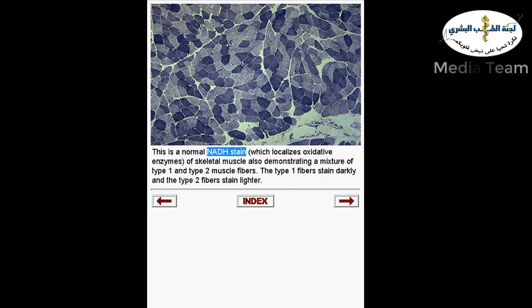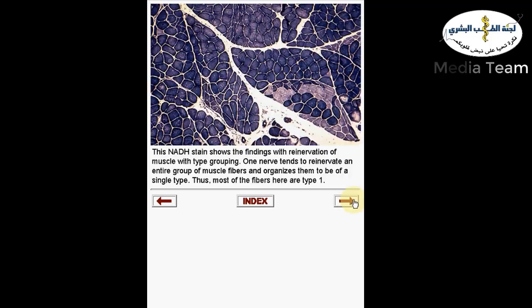Because type 1 fibers are rich in NADH enzymes, they will be darkly stained by this stain, and type 2 fibers will stain lighter. So it's opposite to the ATPase, okay? NADH is richer in type 1, which has a lot more NADH enzymes than type 2.